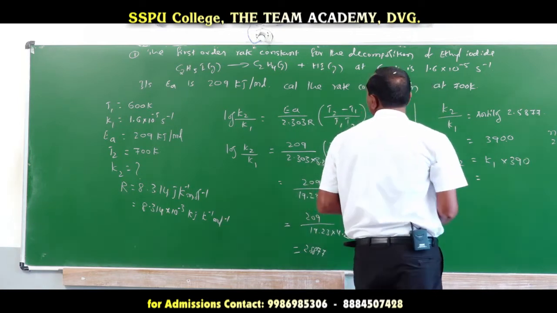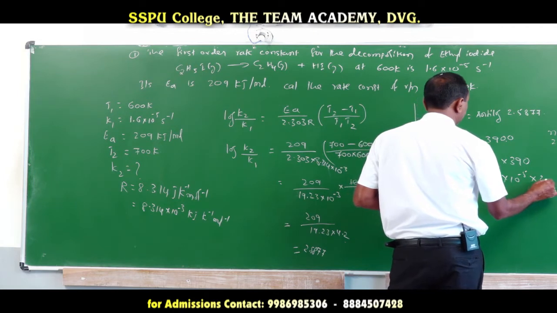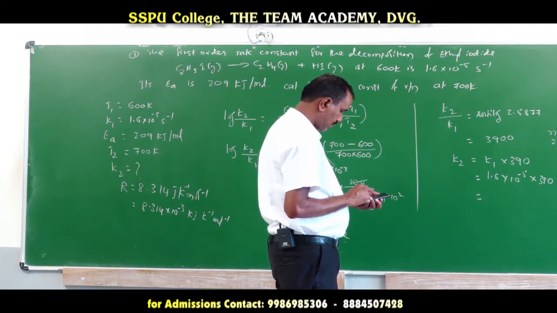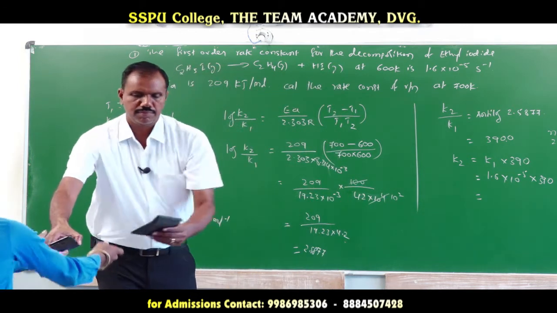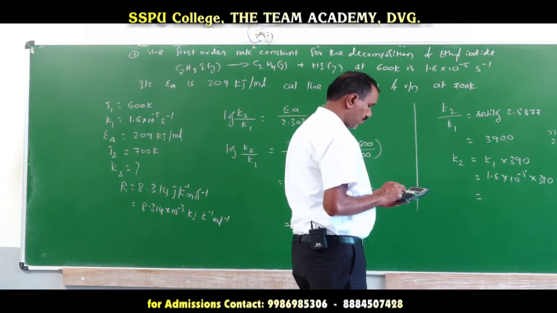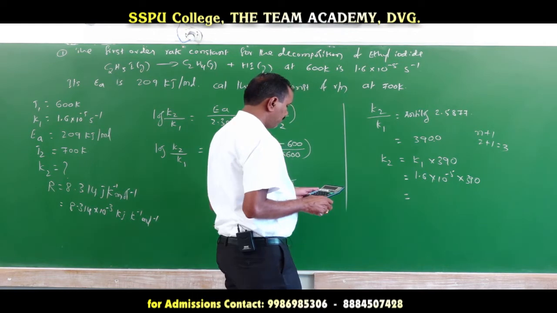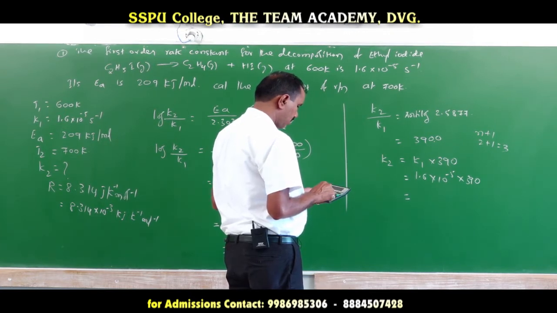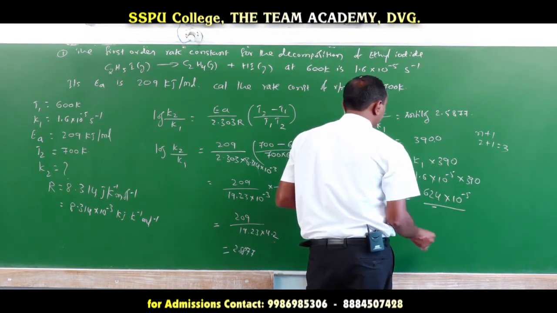The value of K1 is 1.6 into 10 to the power of minus 5, into 390. 1.6 into 390 is 624, so 624 into 10 to the power of minus 5 per second.